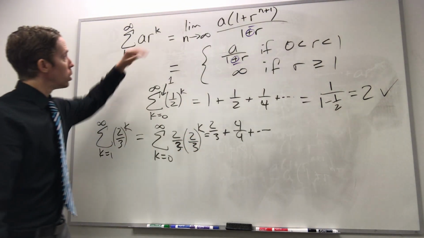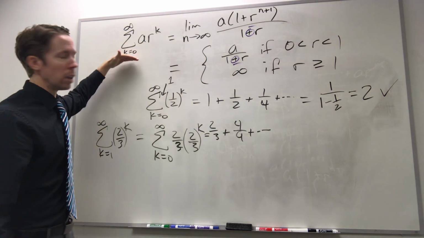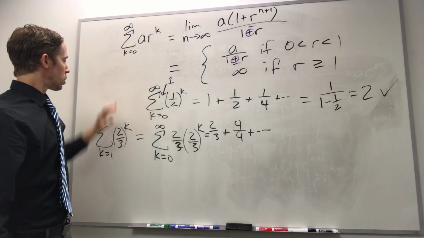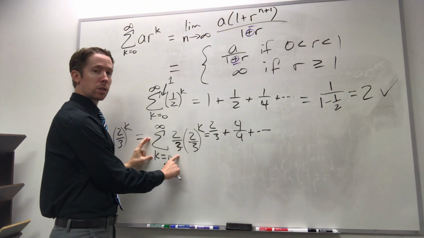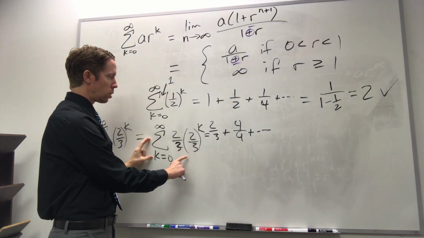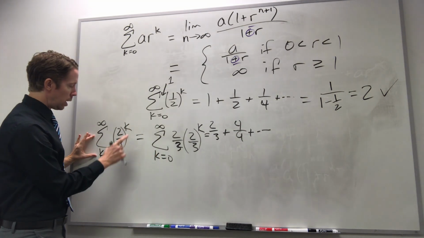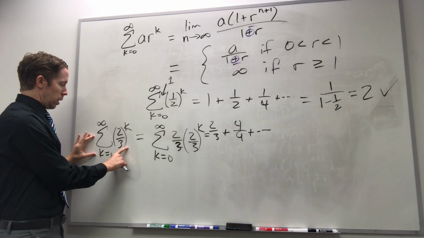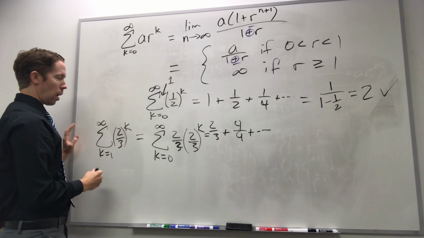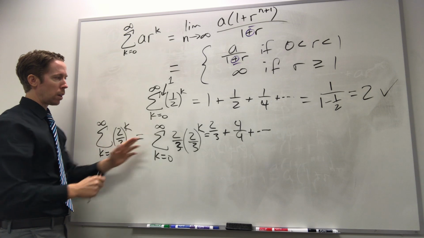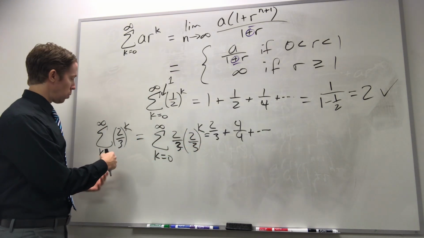When you're using this formula for the answer to a geometric series, it always starts at k equals 0. So I want to either think about it this way, where a is 2/3 and r is 2/3, or I could calculate it this way, but if I do it this way, then what I need to do is calculate what would happen if you started at 1 and then just subtract 1 from that.